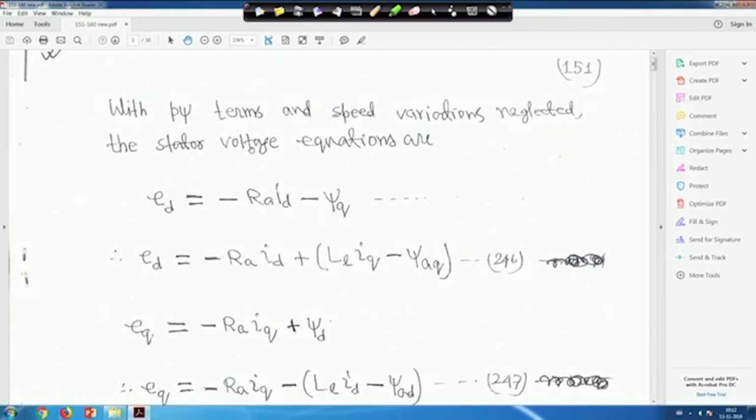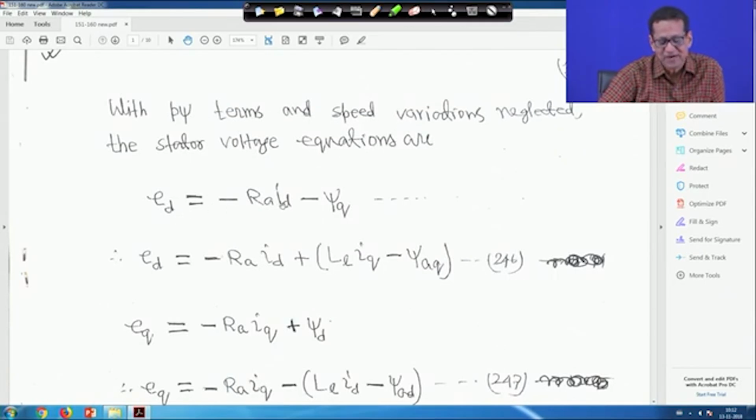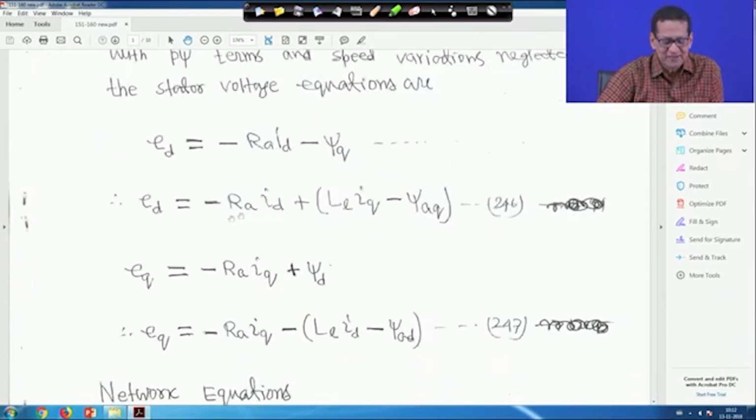Then ED will be simply minus RAID minus psi Q.